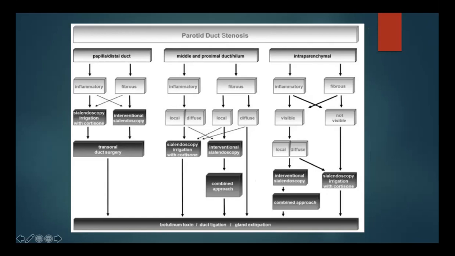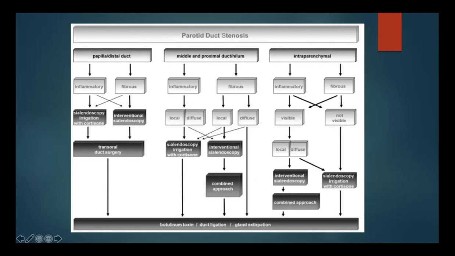And for your papilla, or the distal one third, the one which is anterior to your masseter, you have the option for a marsupialization, failing which you have your Botox, duct ligation, or gland removal. And for your middle or proximal, your endoscopy remains the treatment of choice.